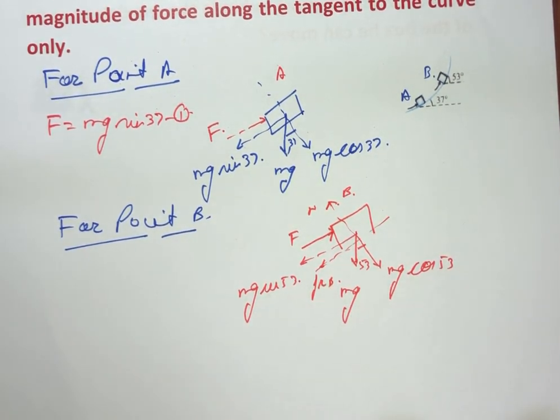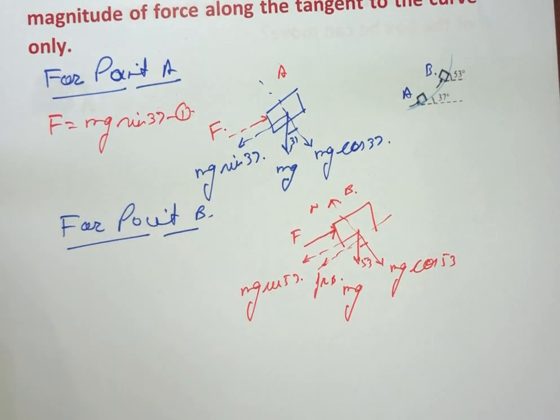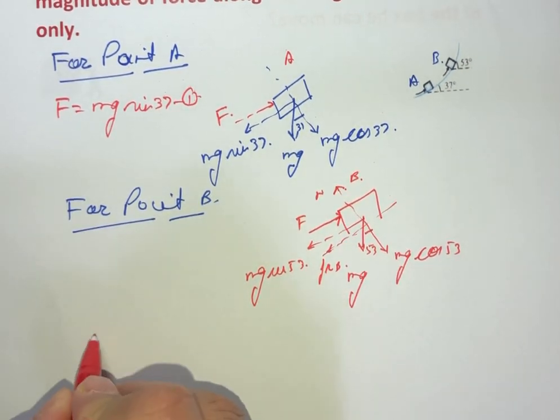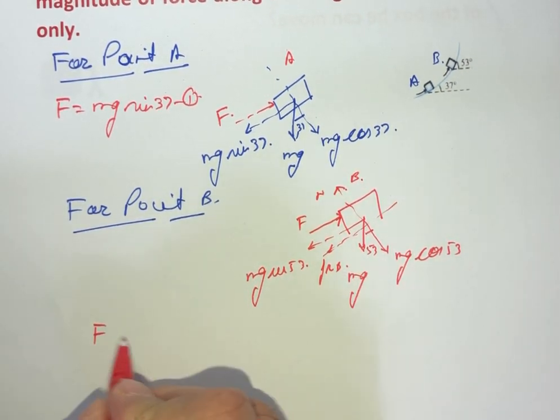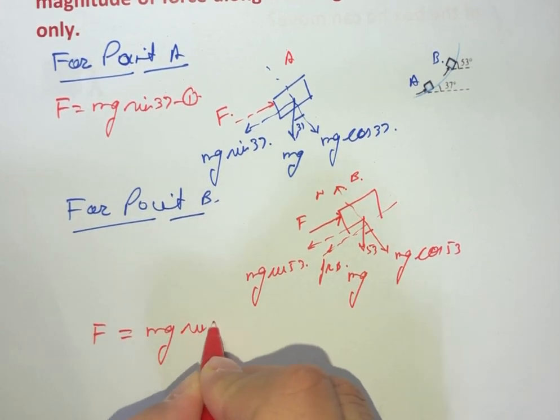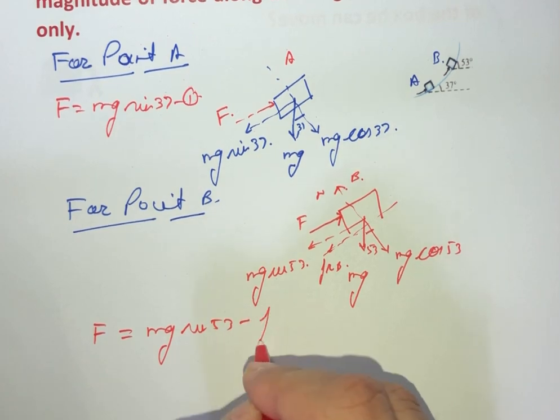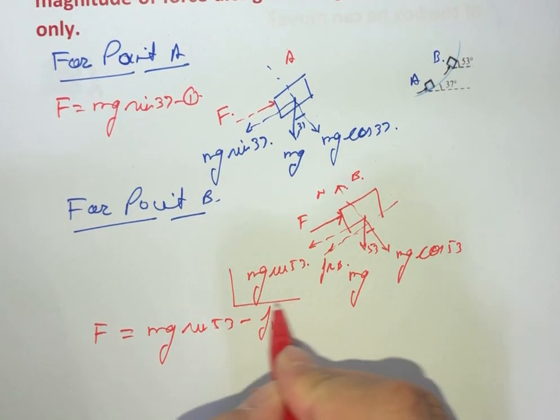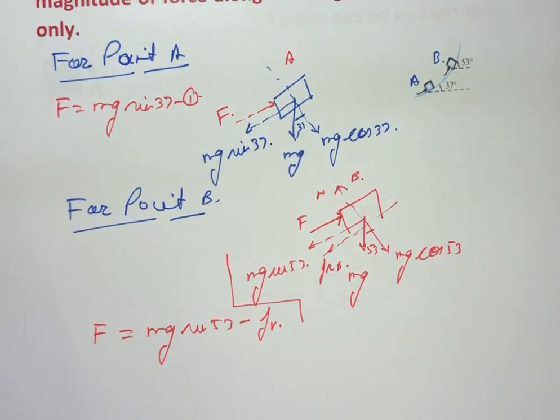So here we can write the equation as F is equal to mg sine of 53 minus FRB.